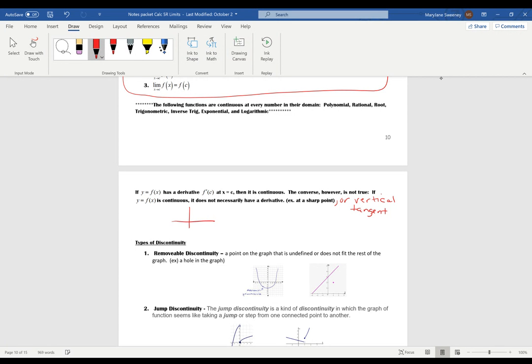So, for instance, an absolute value graph. We cannot take the derivative at x equals 0 because there's a sharp point.